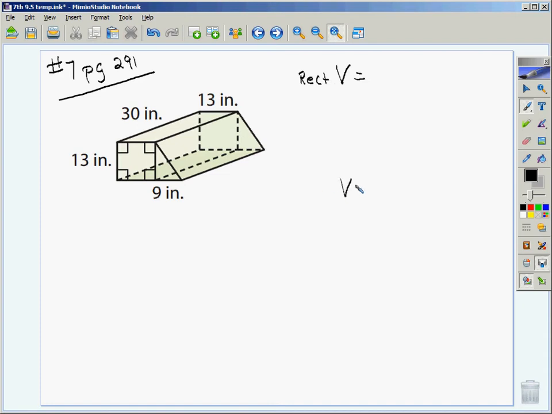We're going to find the volume of the triangular prism. And what are we going to do with these 2 volumes? We're going to add them together. Okay? What's the formula for volume of any prism? V equals capital B times H.